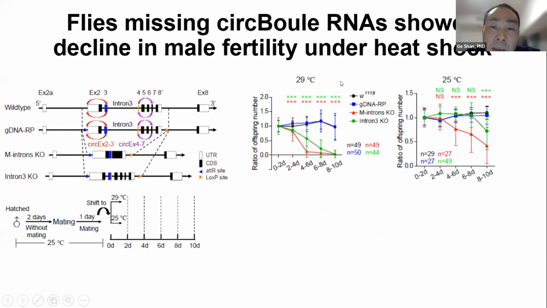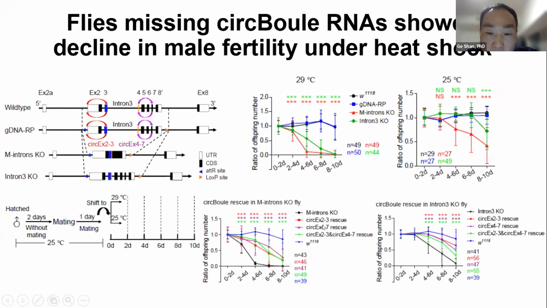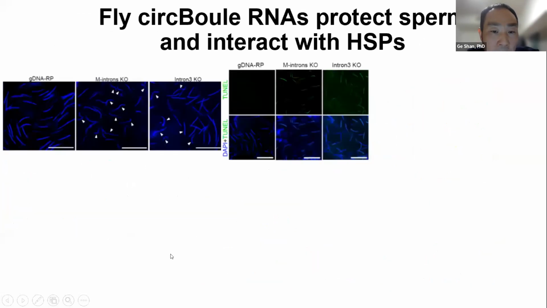Interestingly, we found that under heat shock, the fertility of the male fly decreased in the knockout mutant, and this phenotype can be rescued if we add back the circRNA. Without circRNA, the Drosophila sperm show a lot of defects and some cell death.